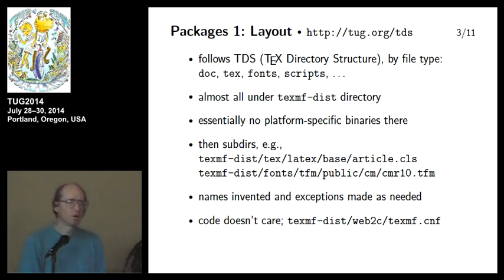The code doesn't really care about all those intervening subdirectories. There's a configuration file, texmf-dist web2c texmf.cnf, which you can take a look at if you want. It's a little bit long, but not that complicated. So that's what TeX Live looks like, kind of running live.